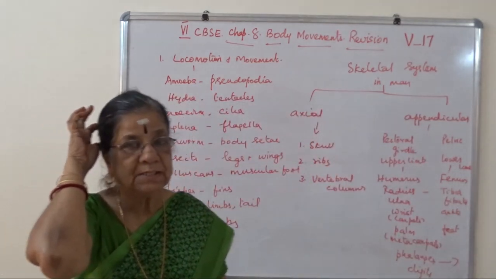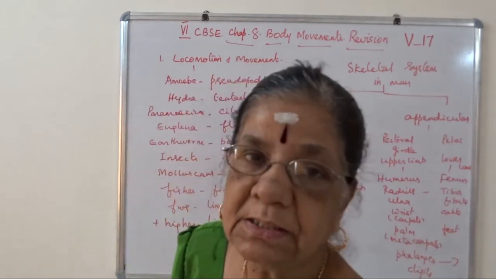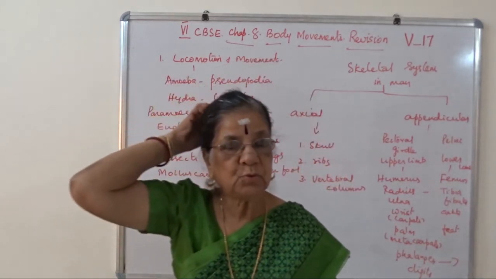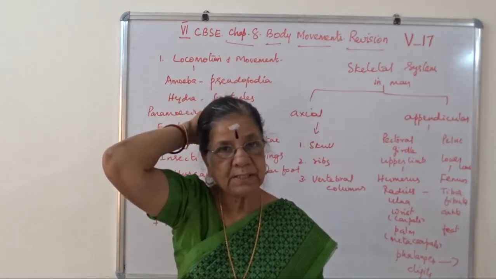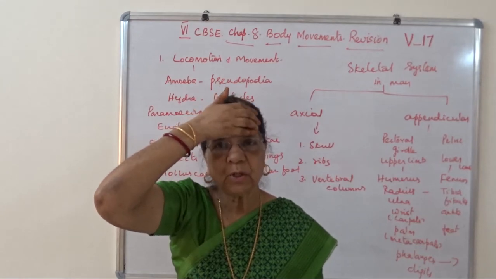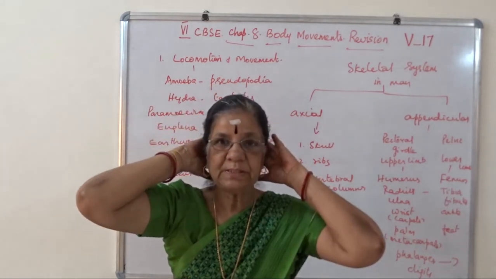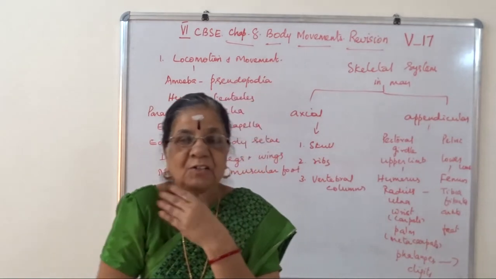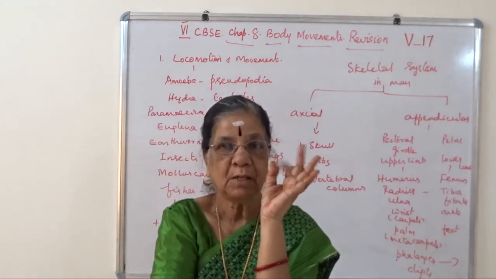Skull is formed of 22 bones. Skull is formed of 22 bones as frontal, temporal, parietal, occipital. In the forehead there is frontal, parietal, temporal, occipital. Occipital is at the back. Correct? So there are 4: frontal, temporal, parietal, occipital.